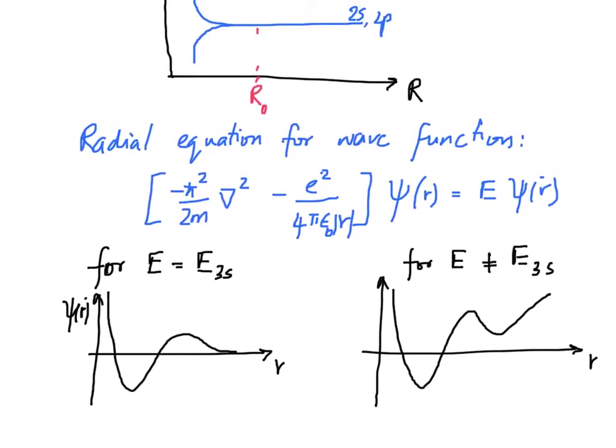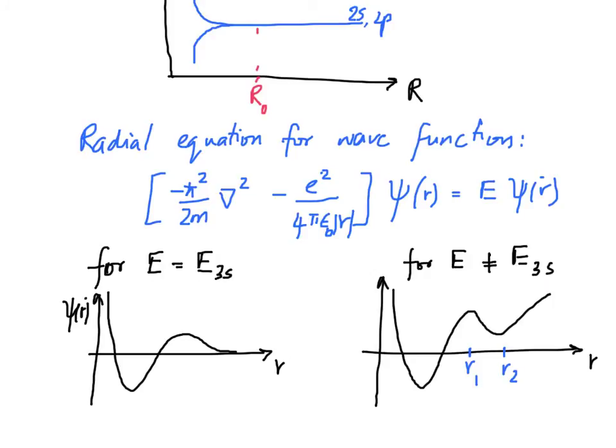You see, for a value of E that is not equal to 3s, you would get this kind of a wave function, and there are two radii at which the slopes of the wave function are equal to 0. So let's call them R1 and R2, right? For a general value of E, there would be two values, R1 and R2, of the radius at which the slopes of the wave function would be equal to 0.